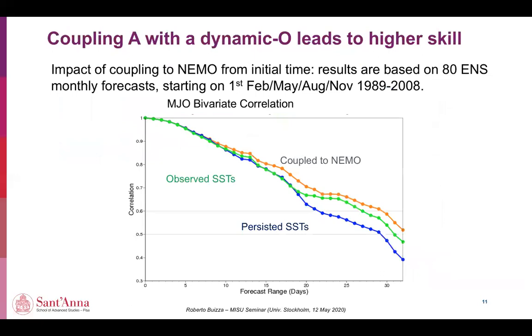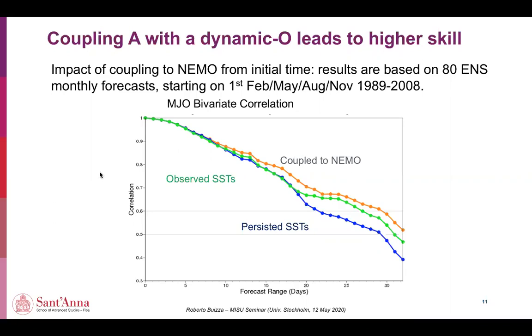I talked earlier about the ocean role. I showed you the role of a three-dimensional dynamical ocean on tropical hurricane prediction. But as I said, the coupling to the ocean came into the weather, the medium range and shorter weather prediction from groups who were developing seasonal and monthly and climate models.